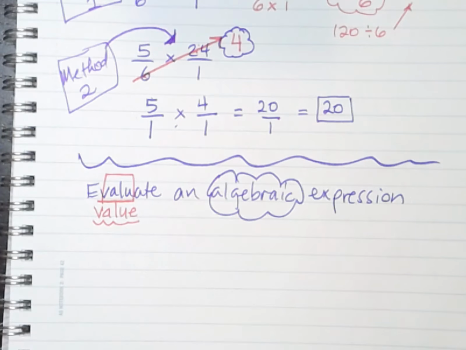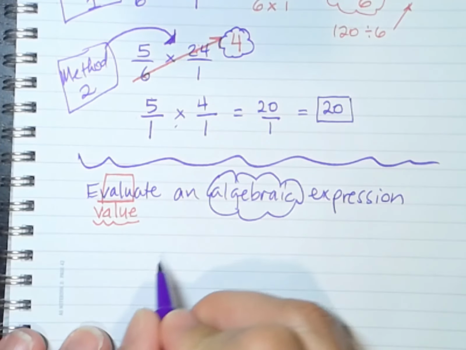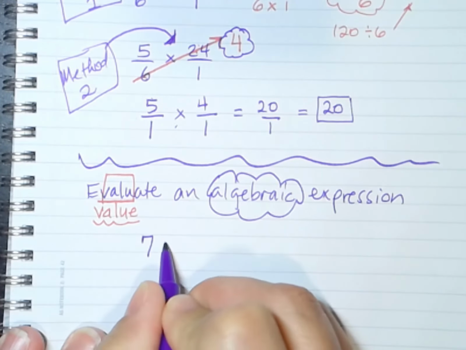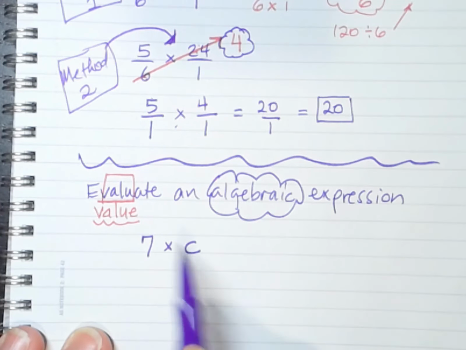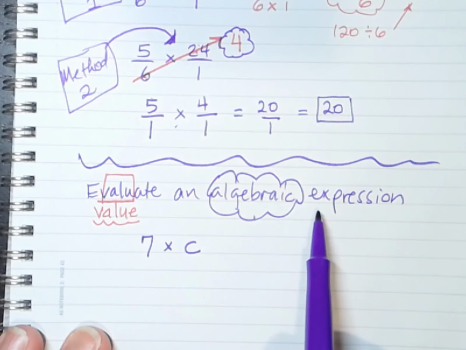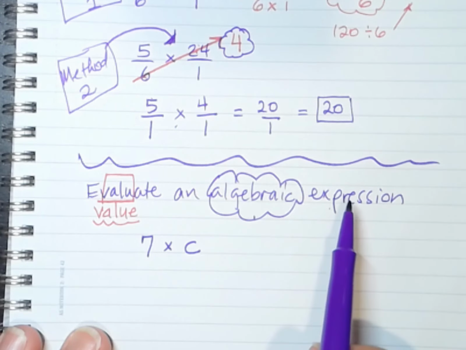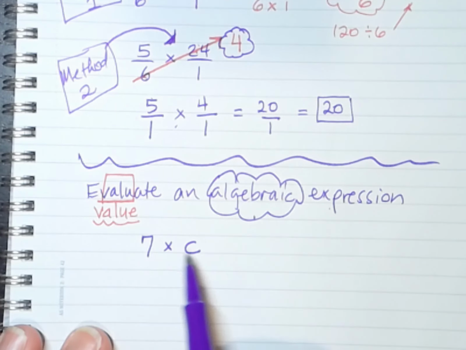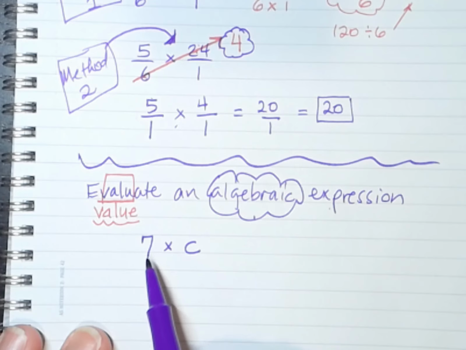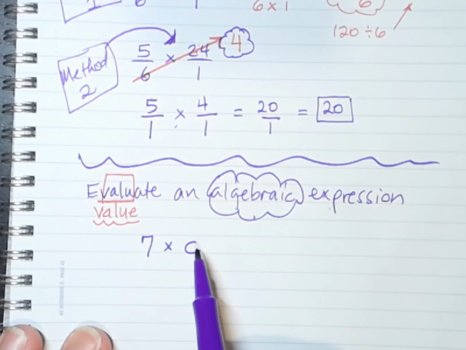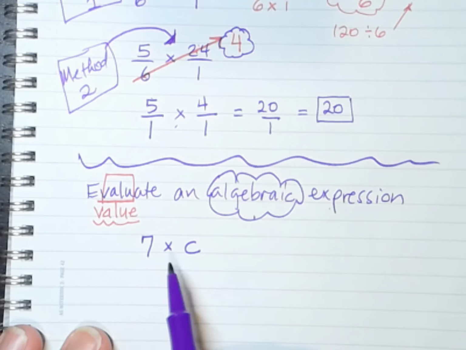So if I give you an expression like 7 times C, this is called an algebraic expression because it has a letter, that's the algebra part, and expression, that's just when you have numbers and variables multiplied together or added together. Those are called expressions.